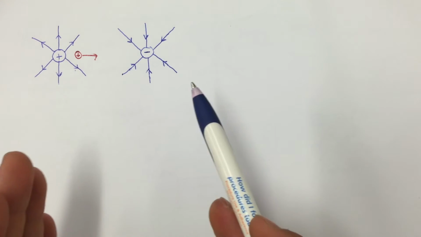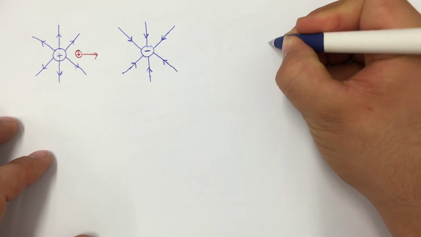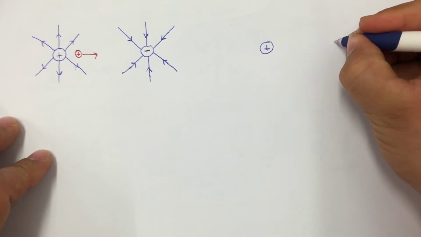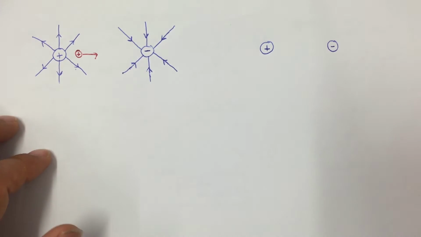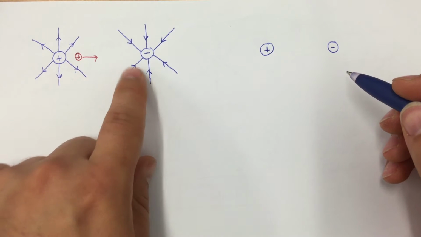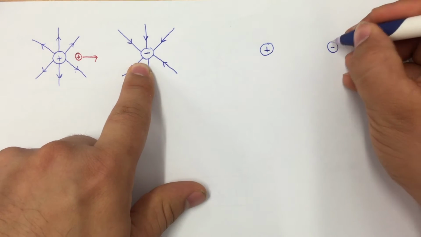Now what we're also interested in is what the field looks like when these charges approach each other. And this is very similar to the way that magnetic fields interact. So if I have a positive charge and I have a negative charge like this, the field leaves the positive and will go into the negative.